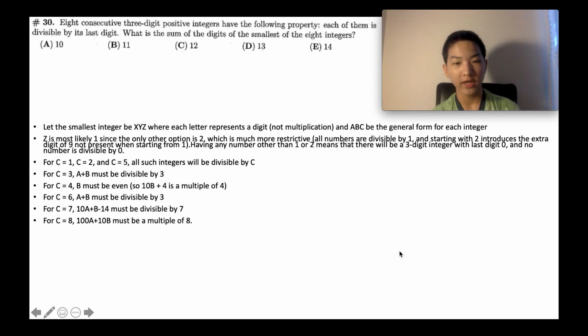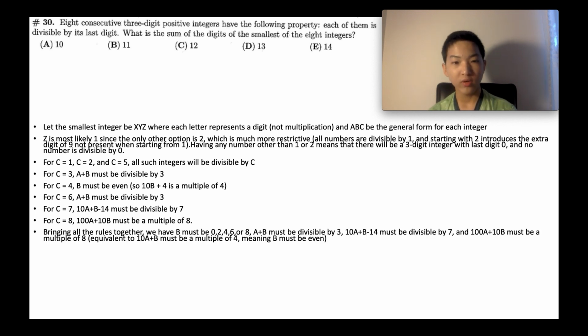For c equals 8, 100a plus 10b must be a multiple of 8, because for 8, the last 3 digits must be divisible by 8 in order for it to work. So bringing all of the rules together, we have b must be equal to 0, 2, 4, 6, or 8.